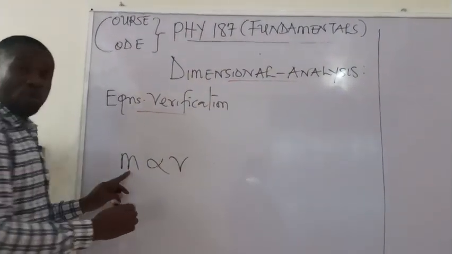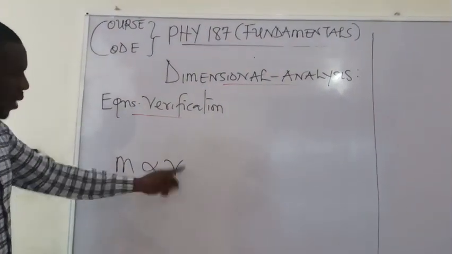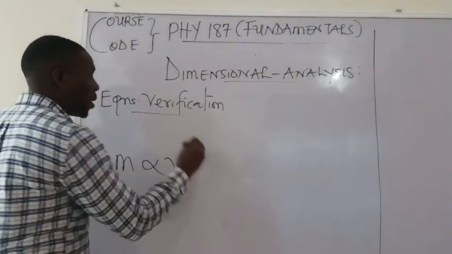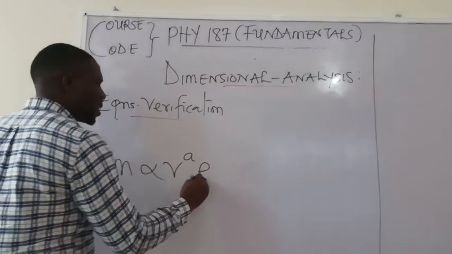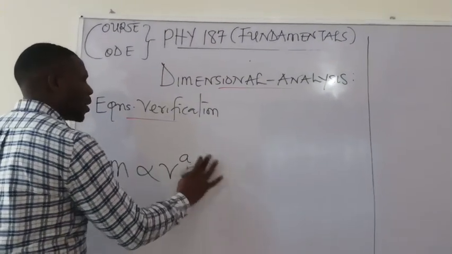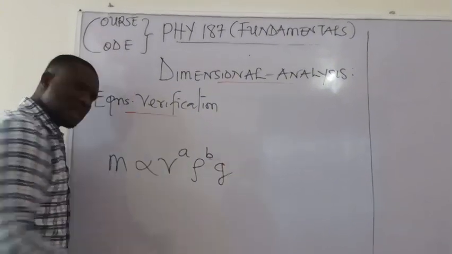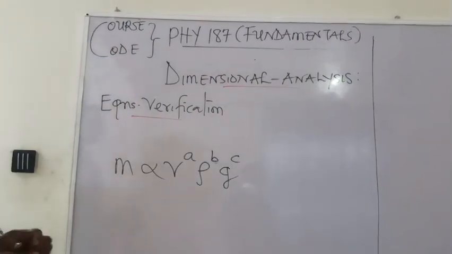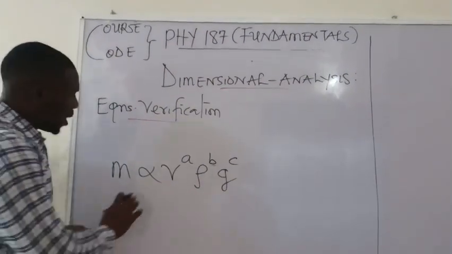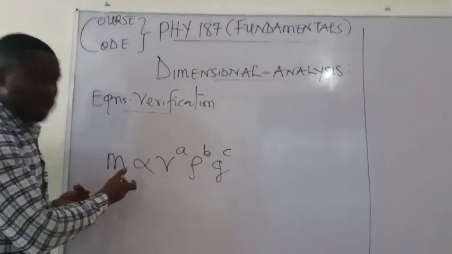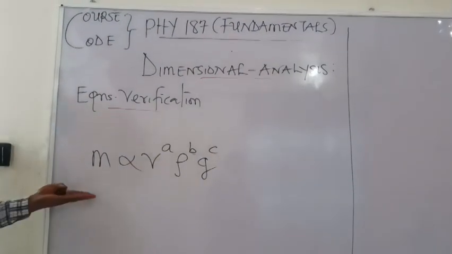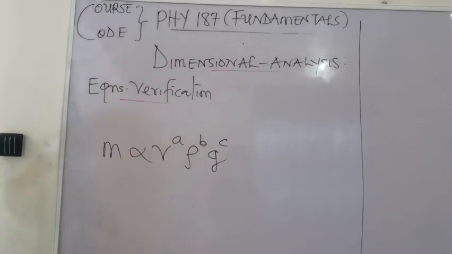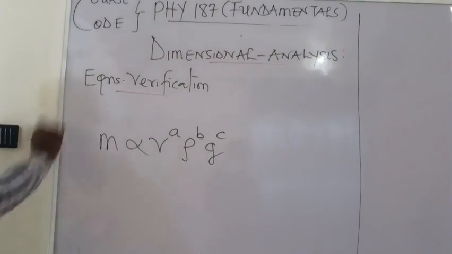That means for the largest mass to flow in water, it depends on the speed of the water itself, let's say raised to a power A. It depends on the density of the water raised to power B, and of course, gravity should act on it, so power C. This is just an assumption, and I could verify this statement by checking whether each of these quantities comes into the equation. Let's see if any would be missing or not. All right, so let's get started.